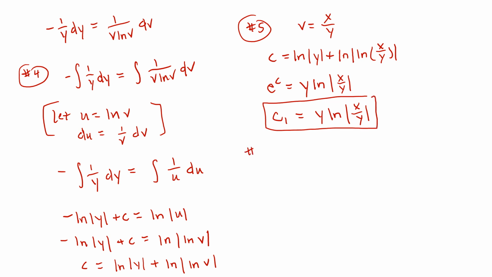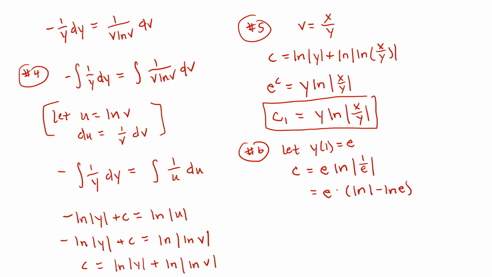But now we need to do our final step, number 6, because we're working with an initial value problem. We're going to let y of 1 equal e. So c equals e times the natural log of 1 over e. So that means e times the natural log of 1 minus the natural log of e. So e times, and this quantity simplifies to -1.